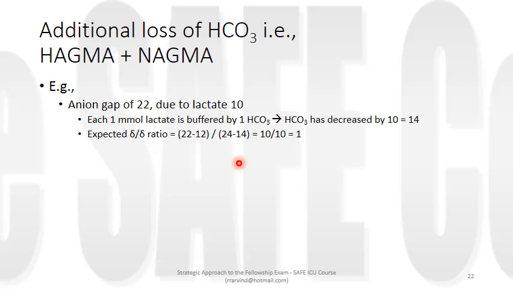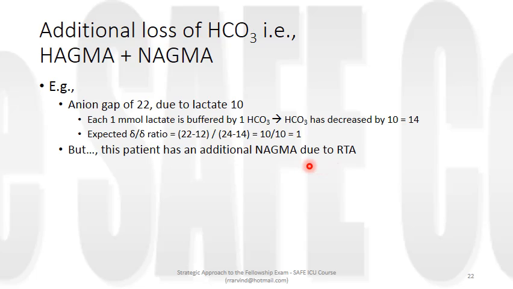But this patient has an additional process of loss of bicarb because, let's say, he has renal tubular acidosis. So he has another urinary loss of bicarb in addition to the bicarb that is lost because of the buffering. Because of the renal tubular acidosis, his bicarb has decreased by a further 5. So the final bicarb for him is not 14, but 14 minus 5, which is 9. So what happens to his ratio?